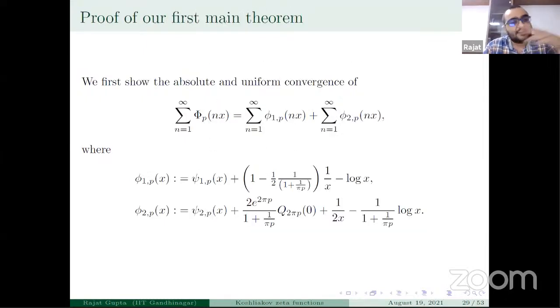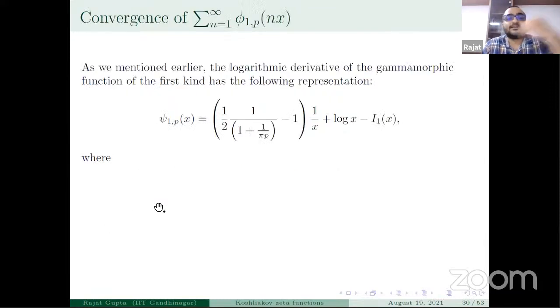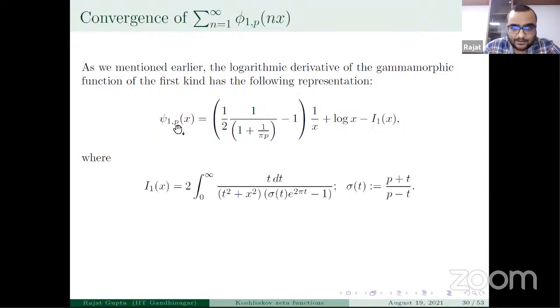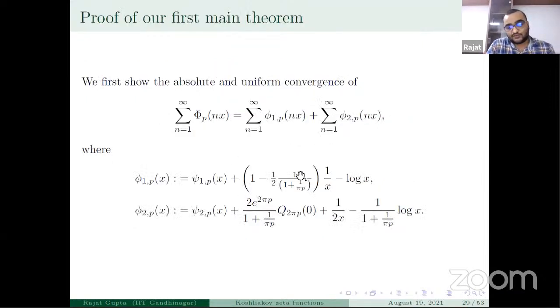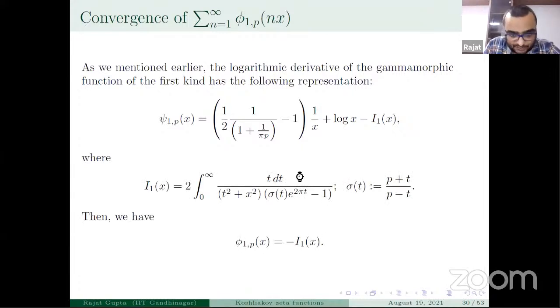So we first convert phi1 and phi2 of p into integral representations, with the help of the integral representation of psi1 of p, where I1 is defined by this and sigma of t is defined by p plus t upon p minus t. And phi1 of p of x is nothing but minus this integral.